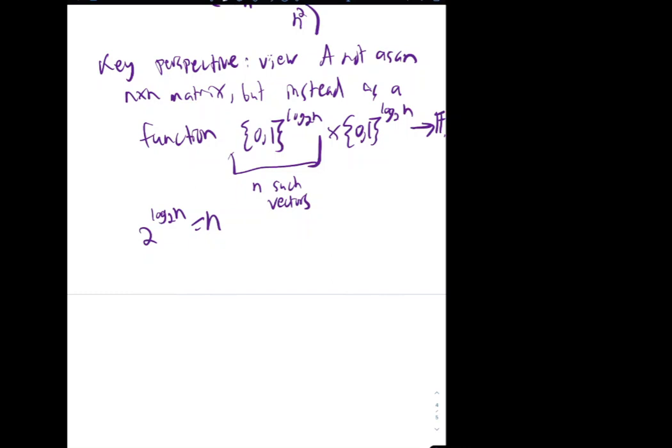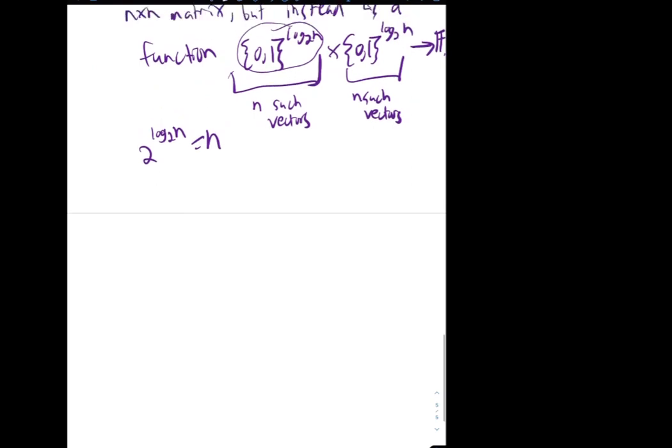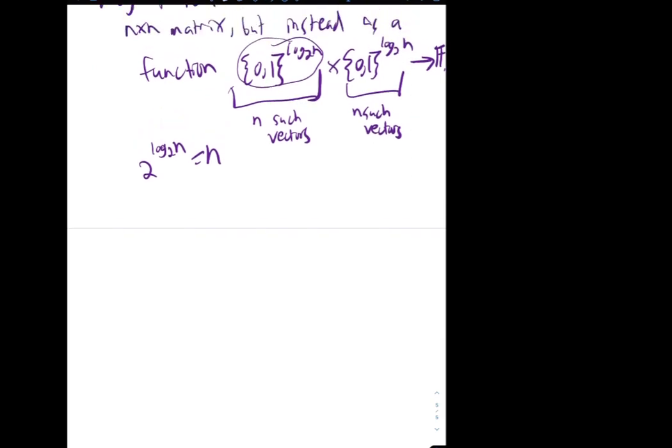Okay, and so we're going to think of the first log base 2 of n bits of the input to this function as specifying a row, and the second as specifying a column in the matrix. So what we're doing is viewing the matrix just as the evaluation table of this function.